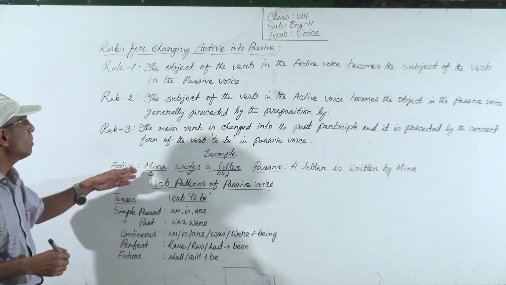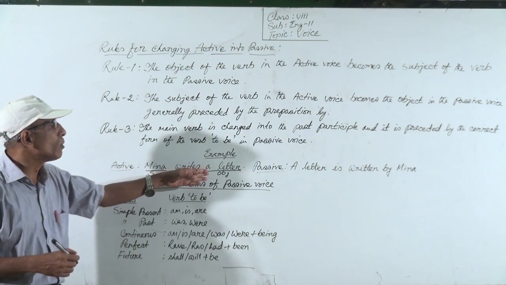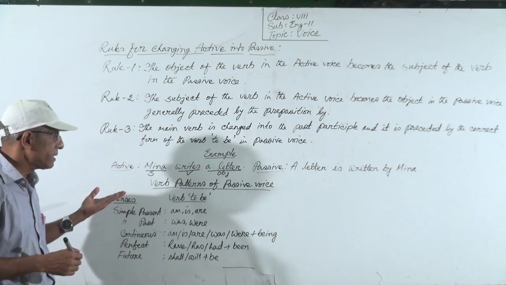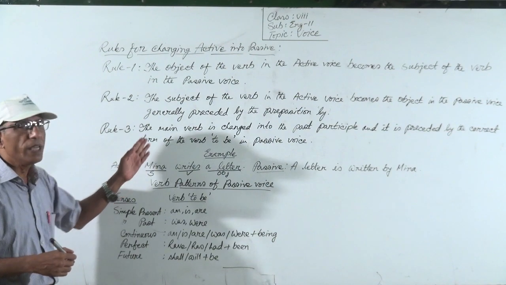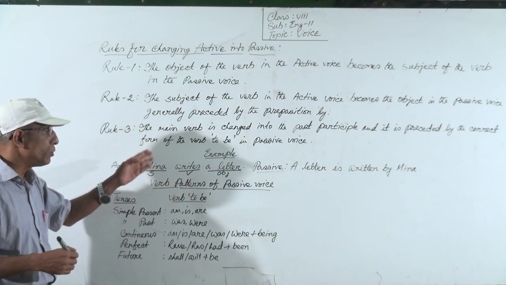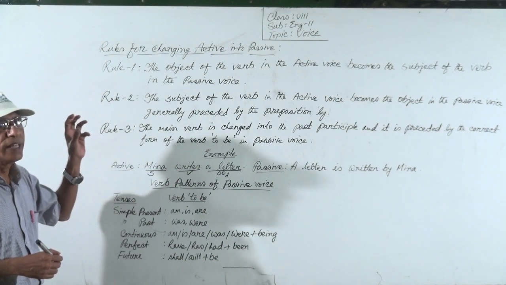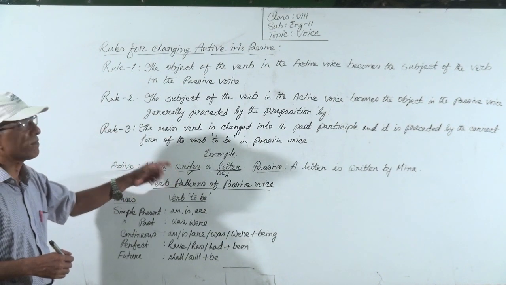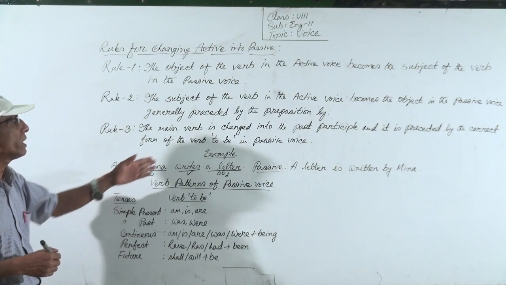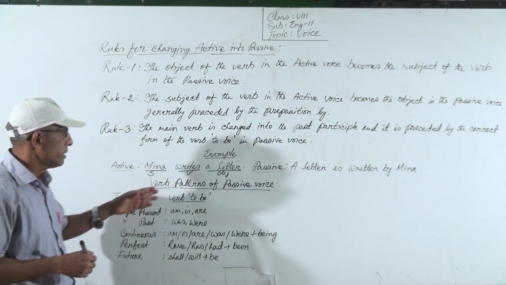Now we have to make the object the subject, and the subject will be the object, and we have to use the past participle form of the verb, and also there will be a to be verb before the past participle form of the verb. Follow the passive.